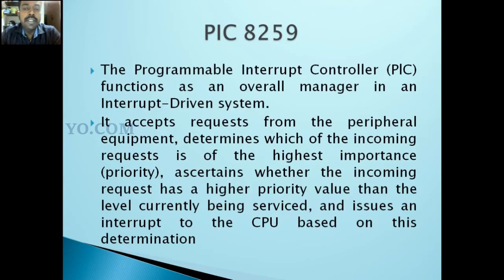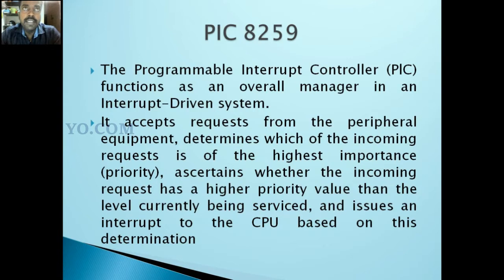So the 8259 is a programmable interrupt controller. In our microprocessor, the 8086, we have only one interrupt pin, that is INT. INT is the pin that receives the interrupt request from an external device.